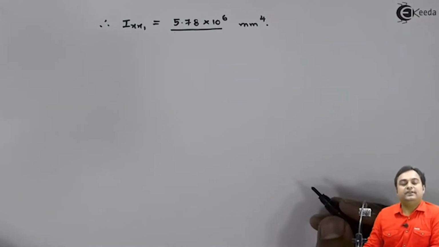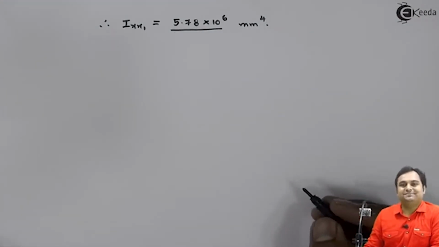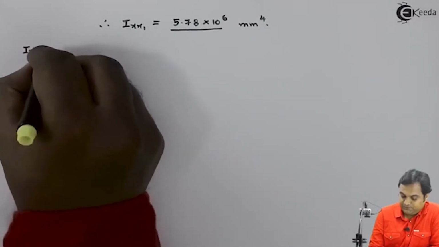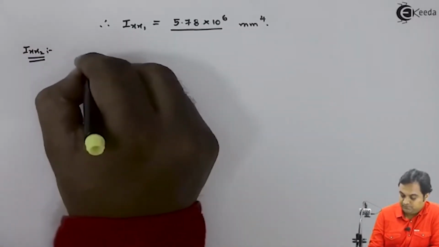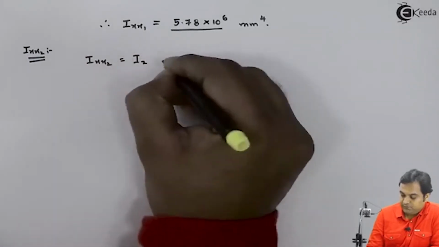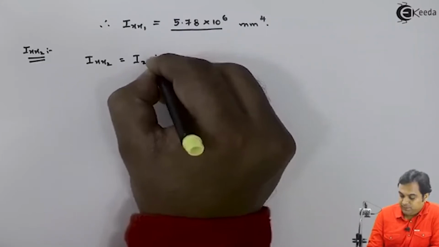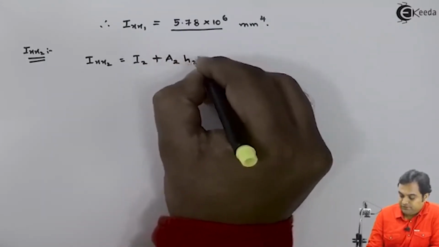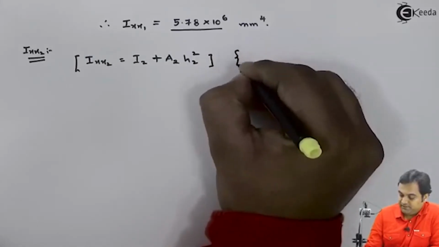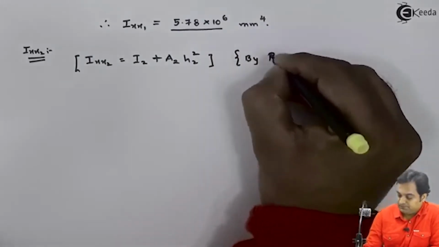Similarly, I would be calculating Ixx2 and Ixx3. So Ixx2 will be equal to I2 plus area 2 into h2 square. This is again by parallel axis theorem.